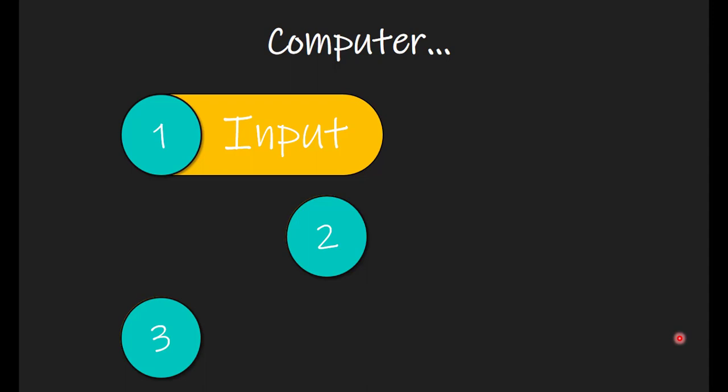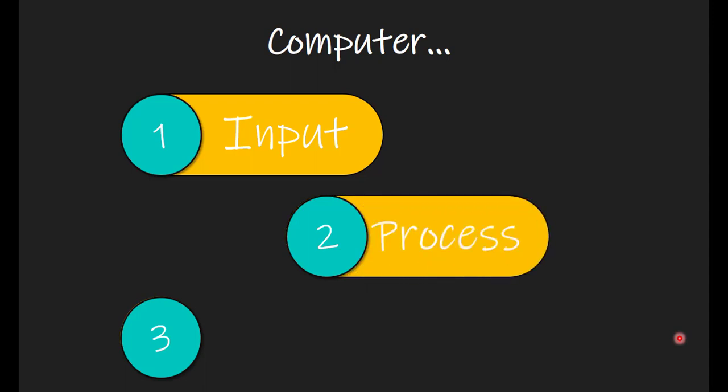And then what will happen? After I give input to my device, my device will process the input. Like in the case of the calculator, once the input is given, the calculator will calculate that expression, which is known as processing.